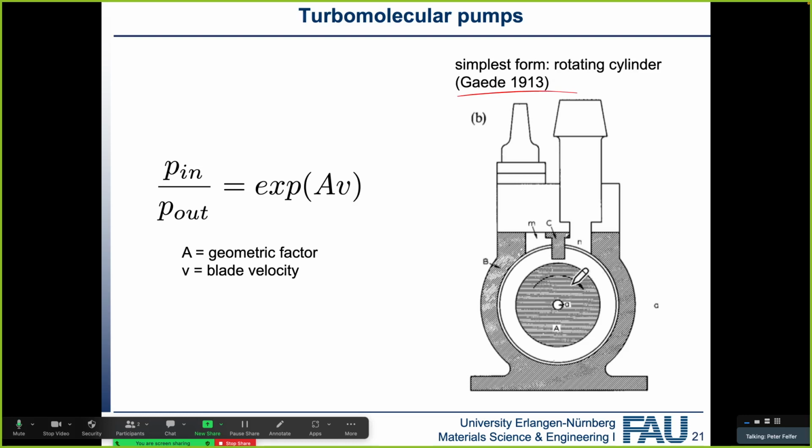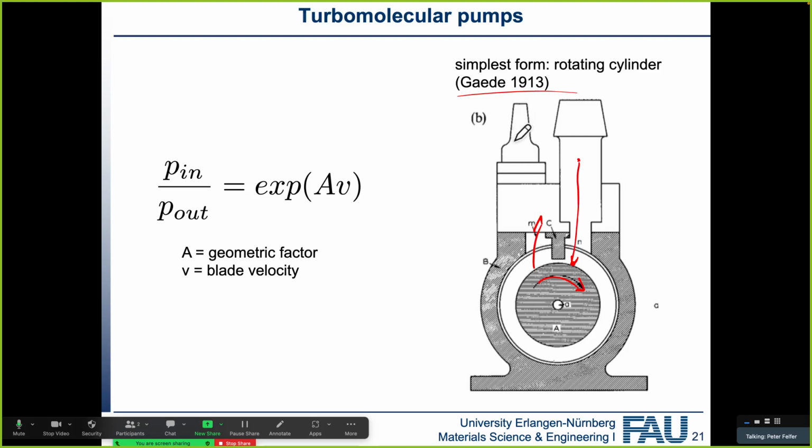And essentially what you have is a spinning cylinder that spins very fast. And what you get is a molecule coming in from this side, adsorbing on the cylinder, and then eventually desorbing again. And if the cylinder spins fast enough, then you will have a net motion of molecules on the secondary side.